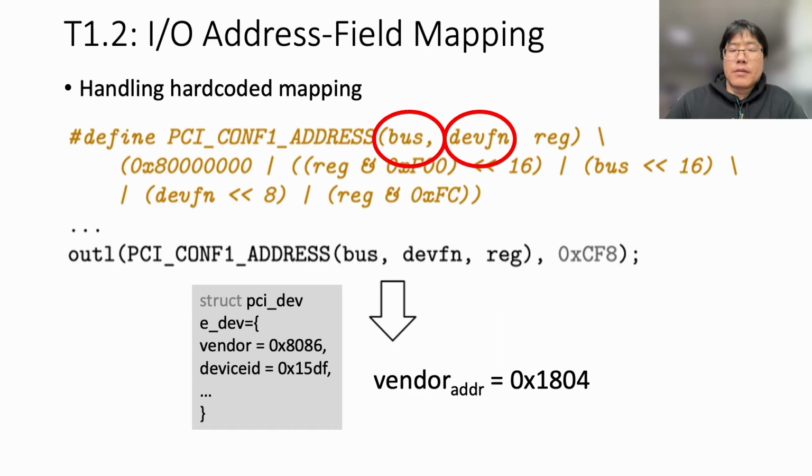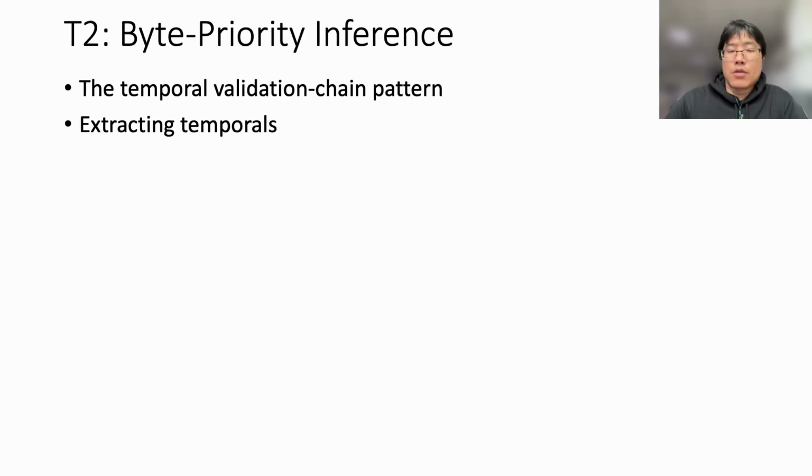So we can deduce the actual address, and therefore we can establish a mapping relationship between fields and addresses. With the value information of the previous fields, we can infer what the expected value is when accessing an I/O address. Of course, there are still some dynamic mappings that need to be handled.